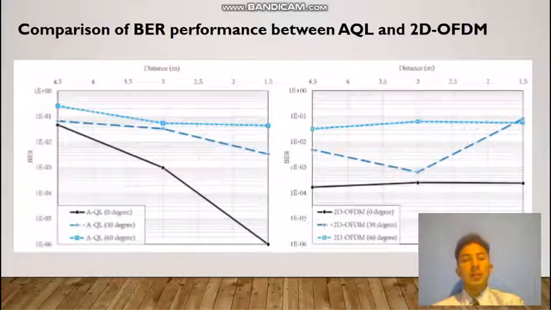In the last figure, you can see a comparison of their performance between AQL and 2D OFDM. It can be determined from the experiment that 2D OFDM has certain characteristics that improve the performance of the cameras.